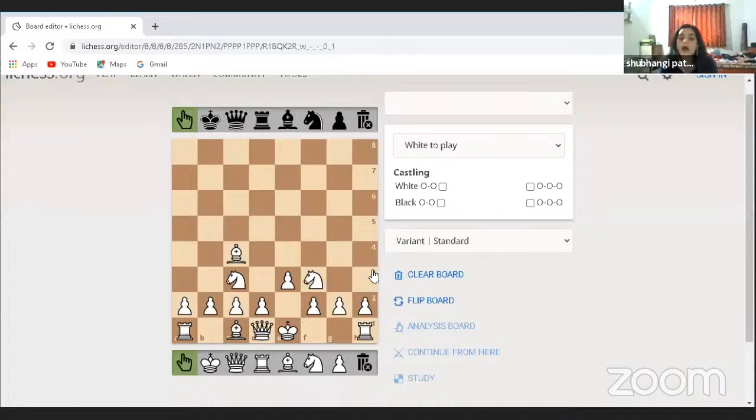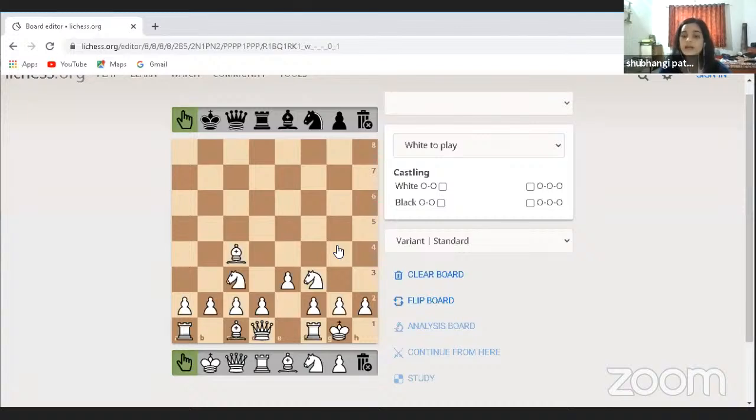Now, how to write castling? I want to castle. We all know how to castle: the king will move two squares and the rook will come beside it. Yes, we have castled. As we know, there are two types of castling, short castle and long castle.